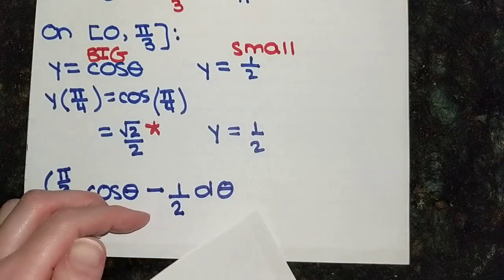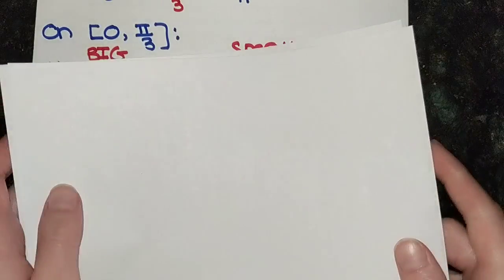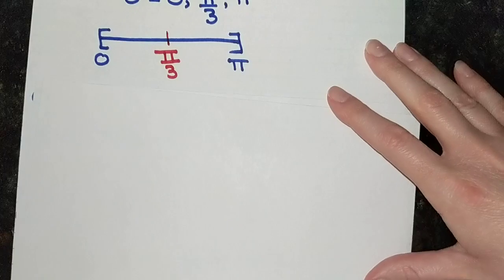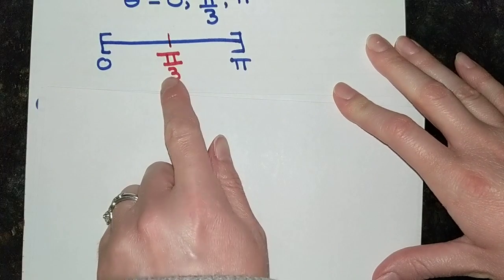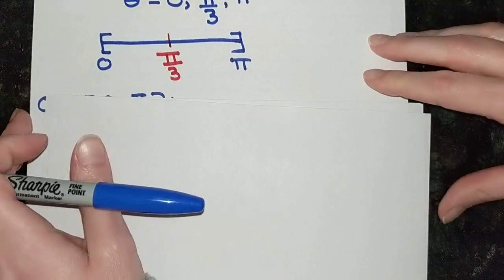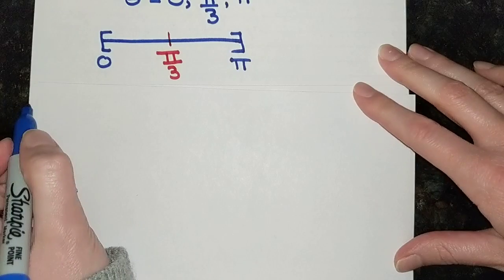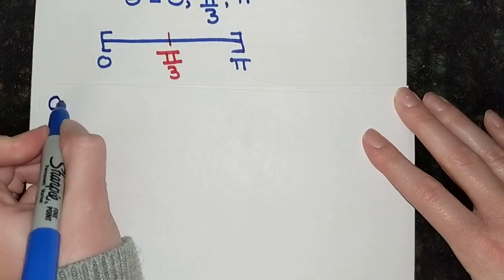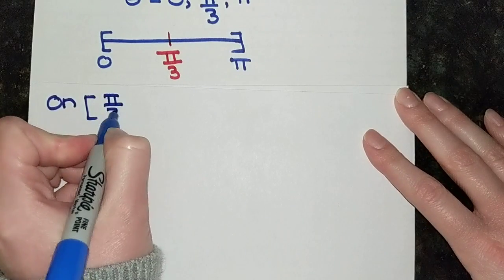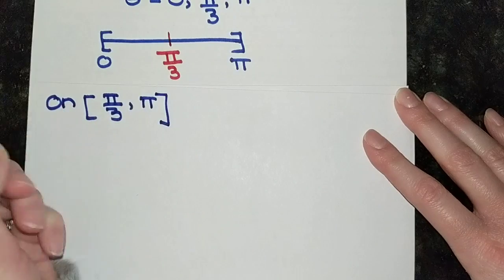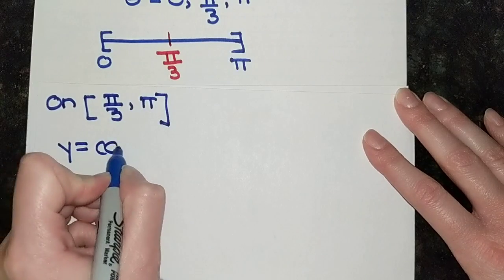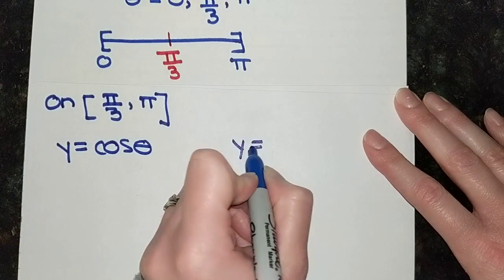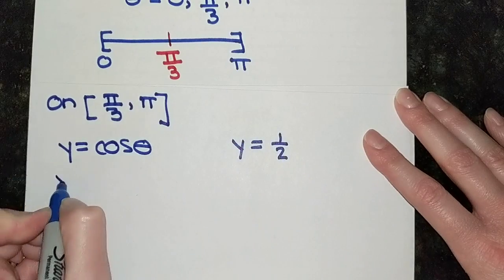Now you have to repeat the process for the second interval. So for the second interval, you're looking from pi over 3 to pi, and again, you're trying to identify what the bigger function is. So on the pi over 3 to pi interval, you would look at your y is equal to cosine theta, your y is equal to 1/2, and plug something in.